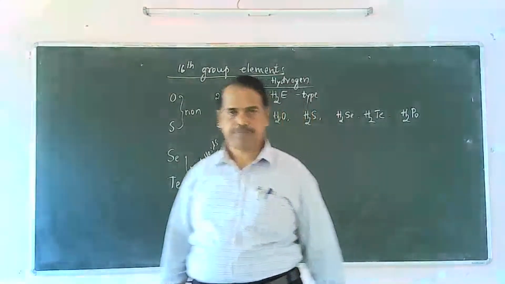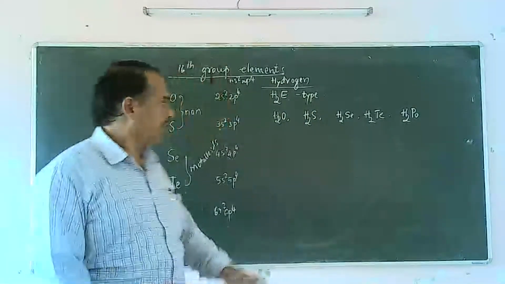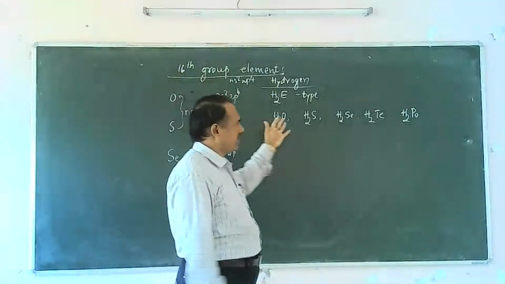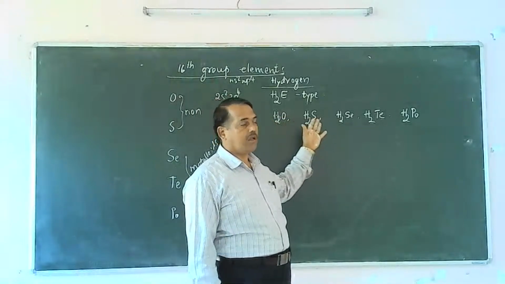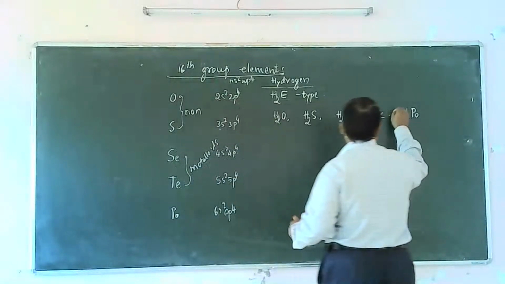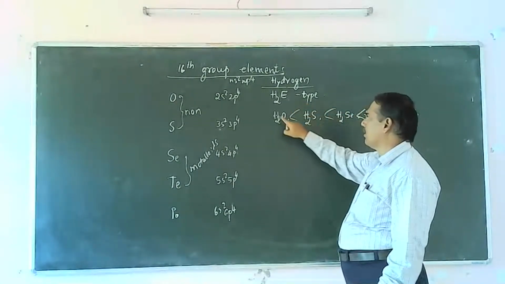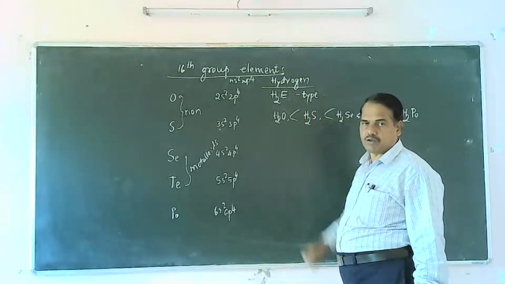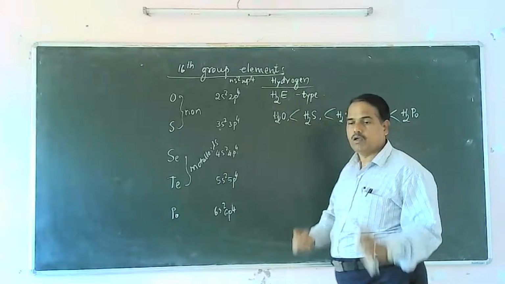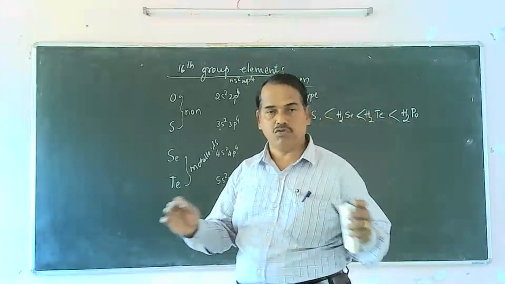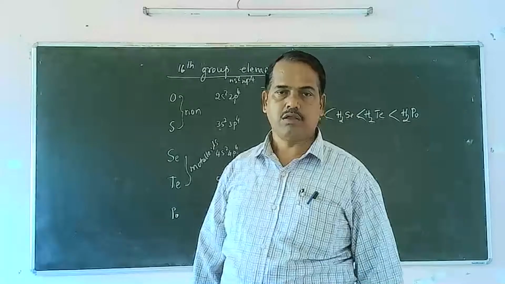Here you have to compare their acidic strength. Acidic strength increases down the group. This one is more acidic, and therefore water is less acidic. Why? It is due to bond dissociation enthalpy.